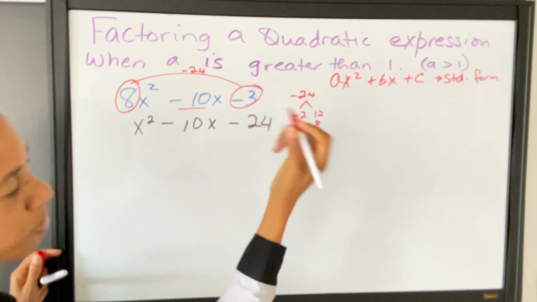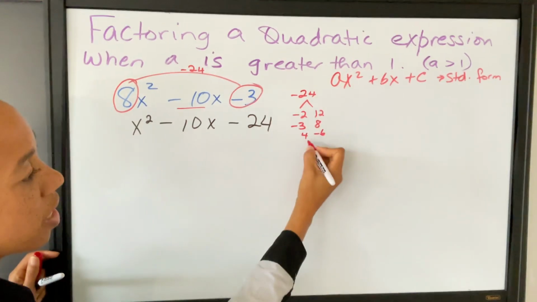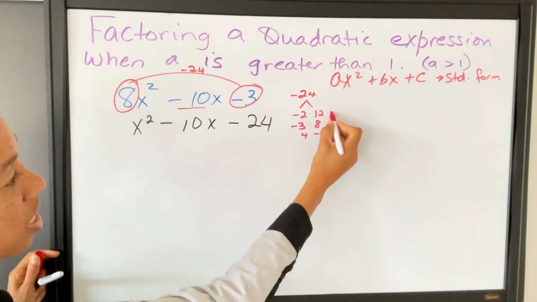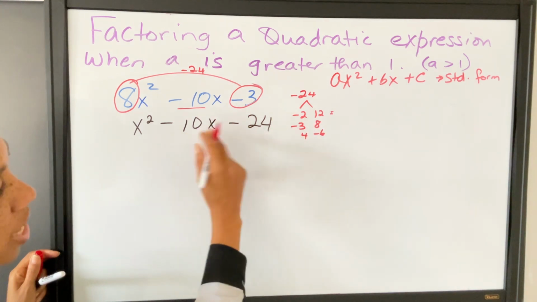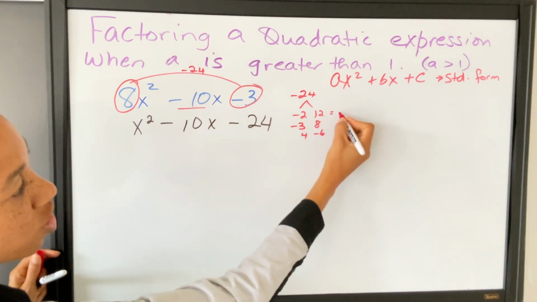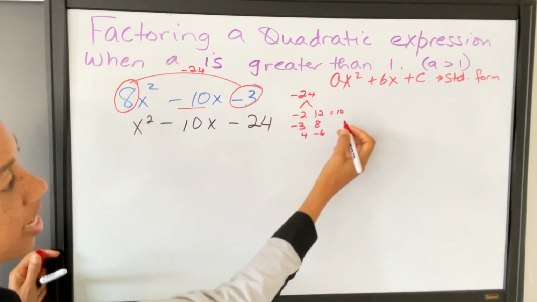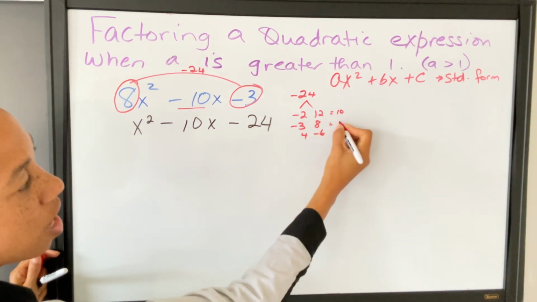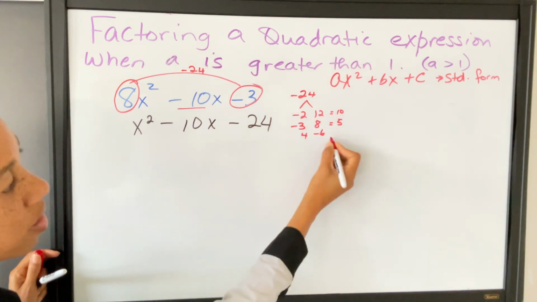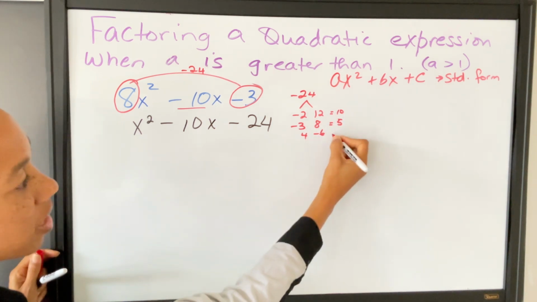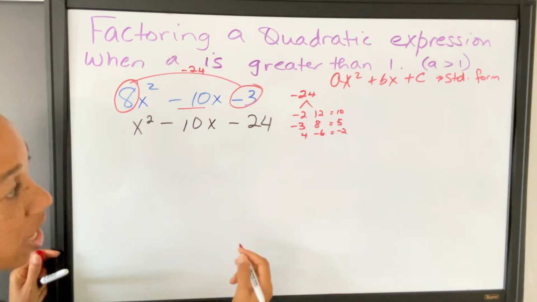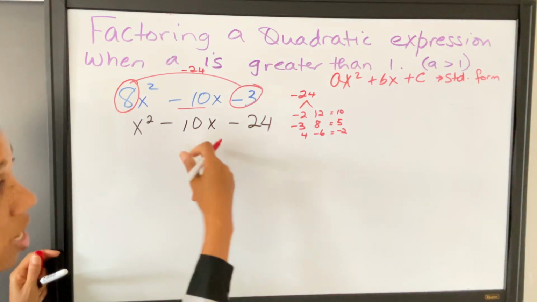You can play around with these, but check to see if they're going to equal -10. So this, when added, is going to give me 10. These two factors, when added, are going to give me 5 here, and 4 plus -6 is going to give me a -2 here. So I can't use those because I don't have a -10. So I'm going to continue.